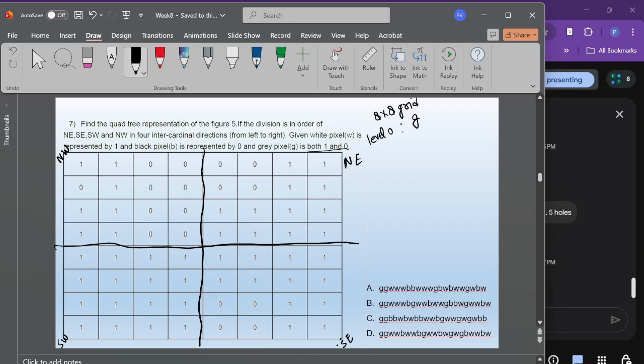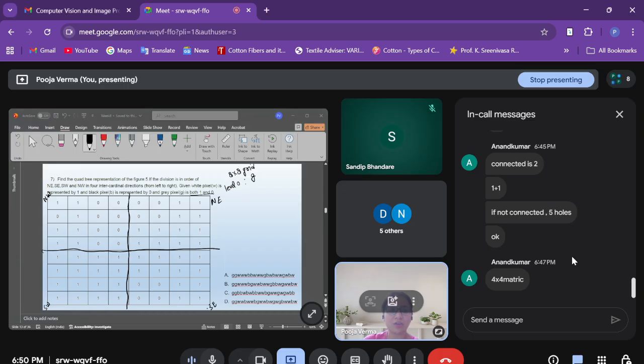Now again, can you just let me know what every 4 cross 4 matrix represents? The whole 8 cross 8 grid is represented by Z, right? Now further we will divide it into 4 cross 4 grids. Then again we will divide each grid into 2 cross 2.